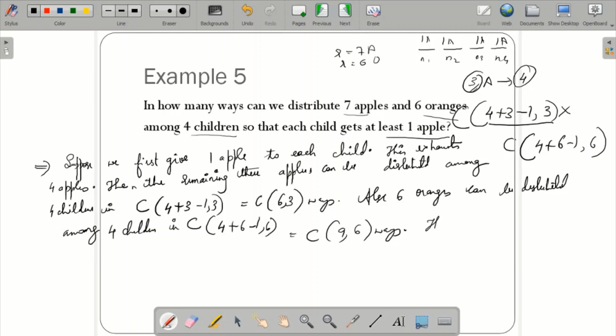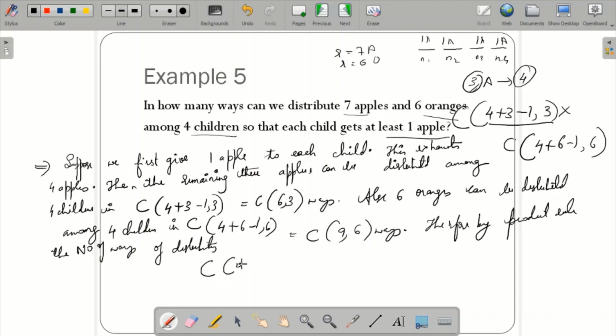Therefore, by the product rule, the number of ways of distributing is C(6,3) into C(9,6).